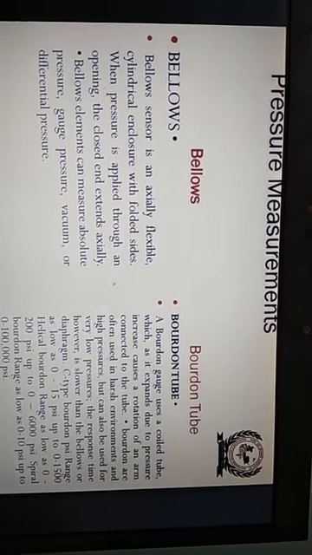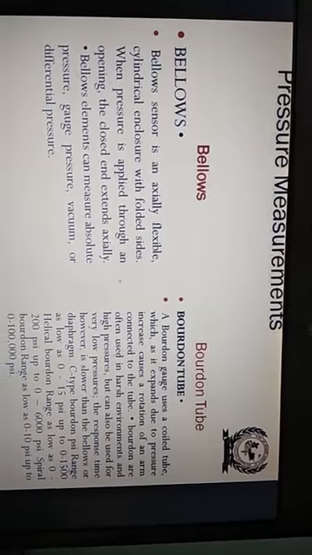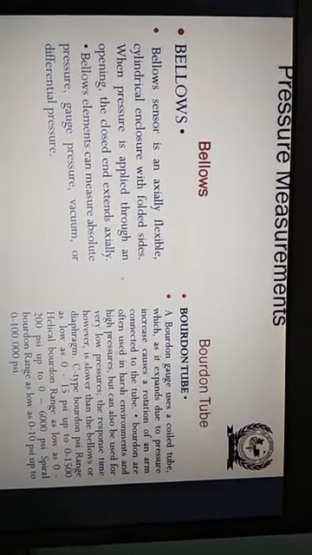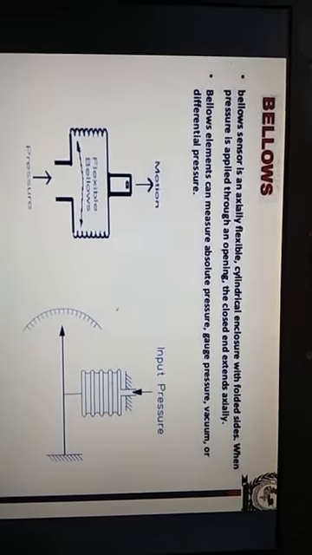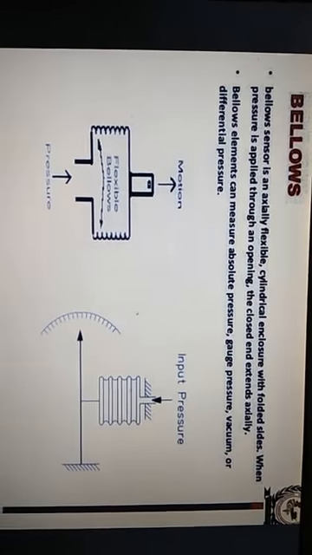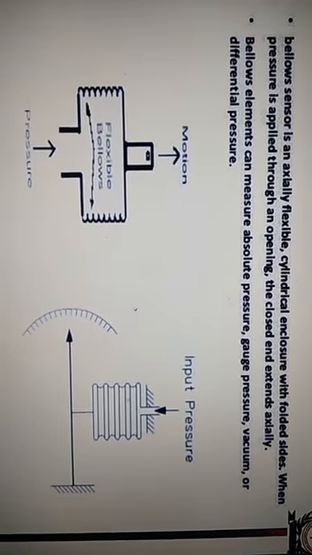How the pressure goes through the inlet and how the expansion of the bellows and Bourdon tube occurs, that we have seen. The motion is proportional to the pressure applied. This we have seen regarding bellows.